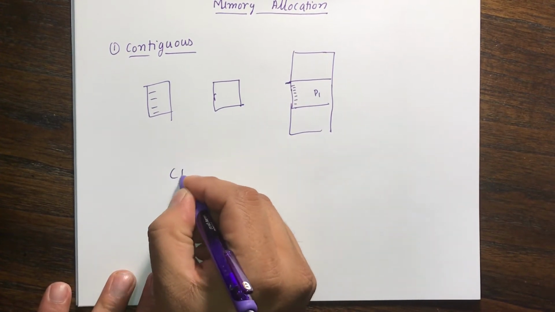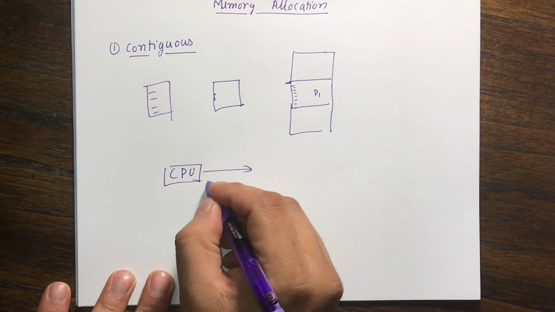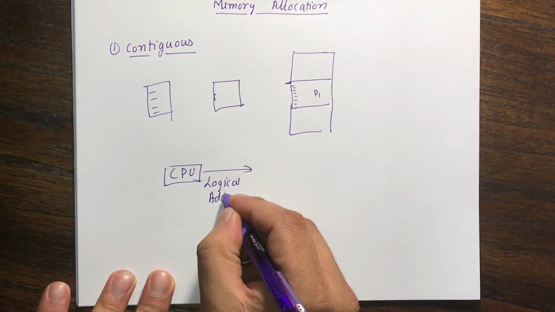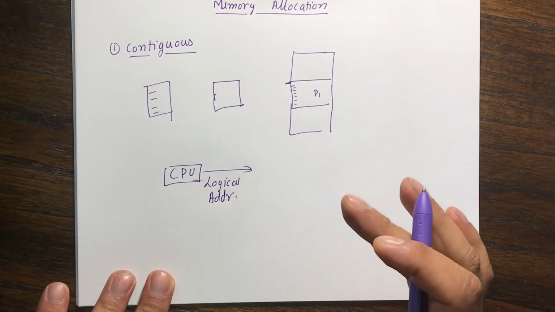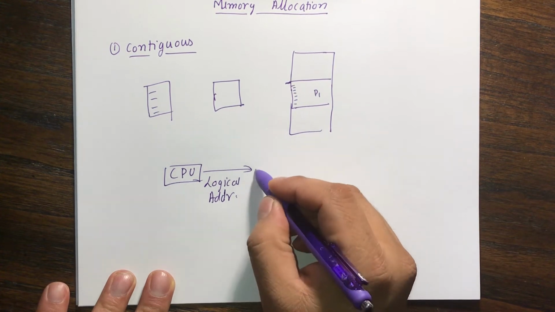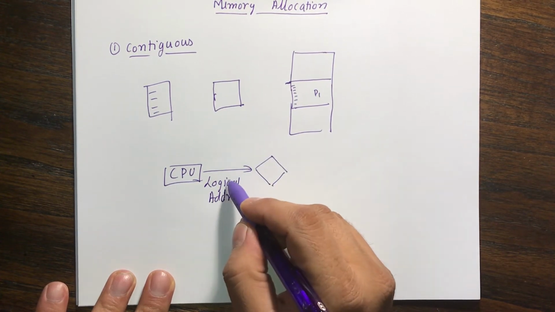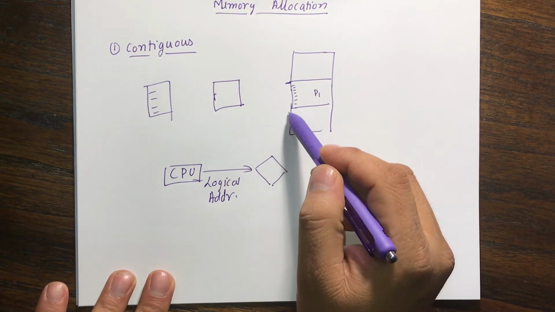So if this is your CPU, it'll basically generate a logical address. And this is also used for protection. So it'll figure out if this memory is inside the limits, starting from the base register to the limit.